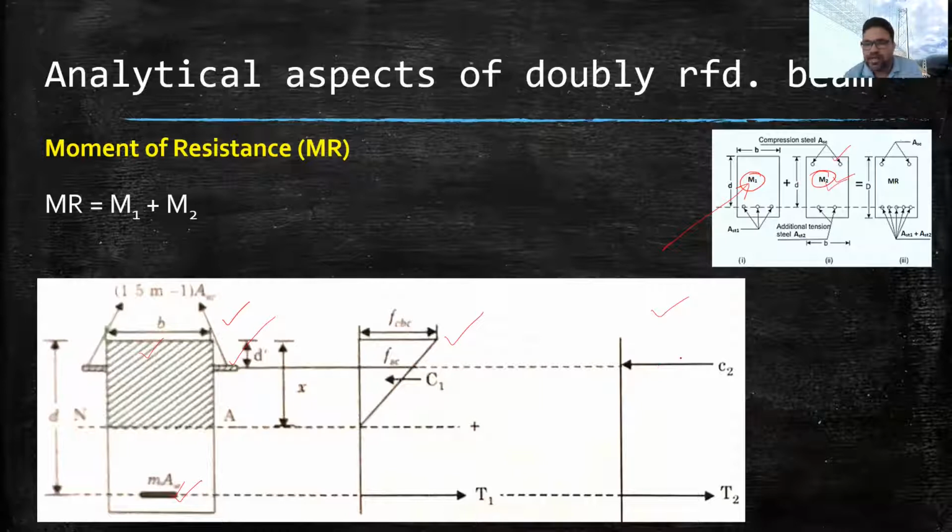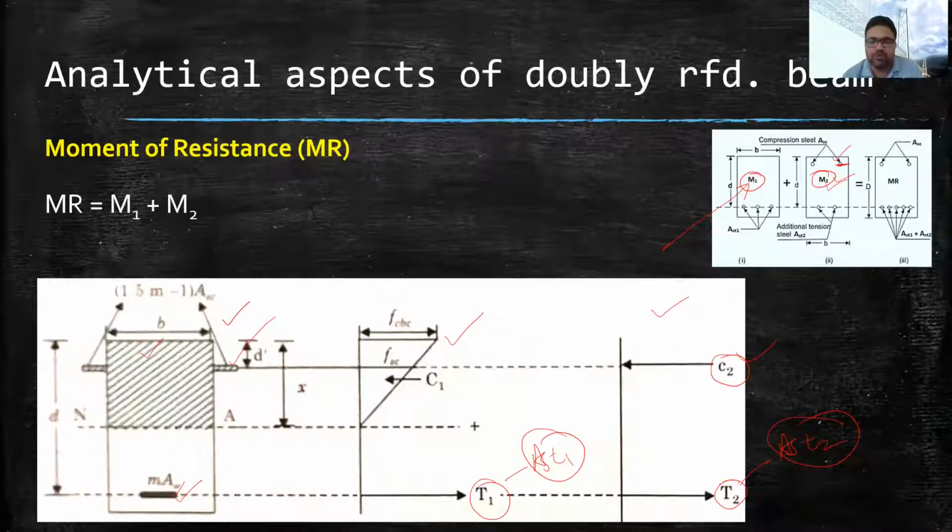This arrow shows the compressive force C2. C2 is the compressive force in the compression steel, and T2 shows the tension force to balance this compression force. Similarly, T1 is because of AST1, and T2 is due to the AST2 value. Finding the AST1 and AST2 values in an analytical problem is a little difficult.